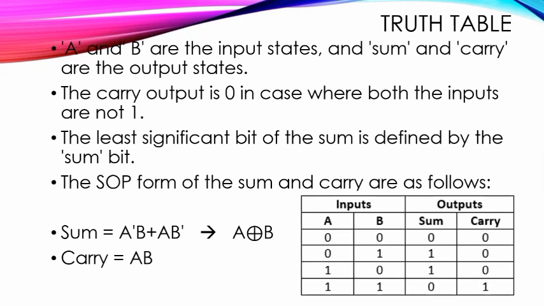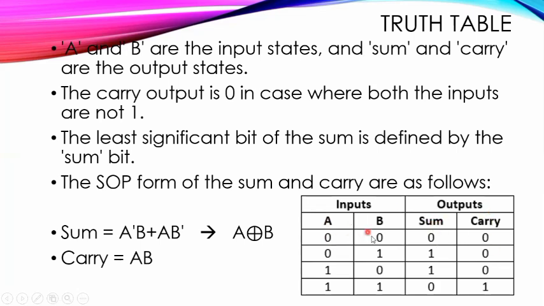In the truth table, A and B are the two inputs, and these two inputs give two outputs, which are sum and carry. When input A is 0 and input B is 0, the sum is 0 and carry is also 0.